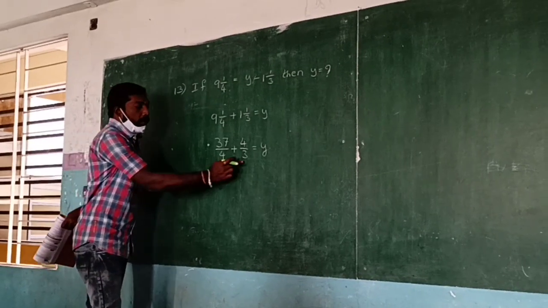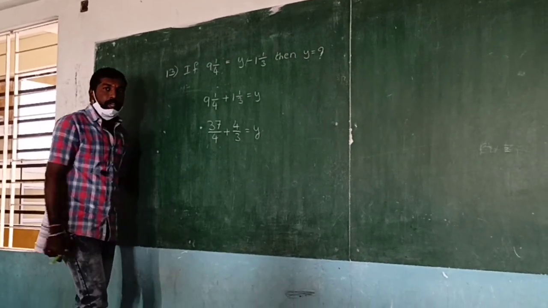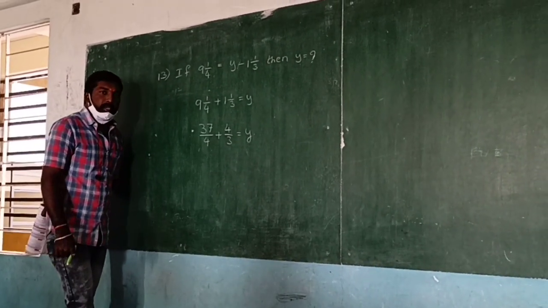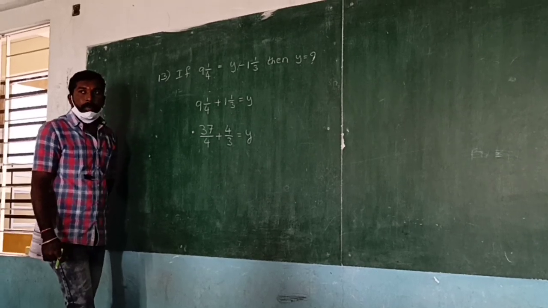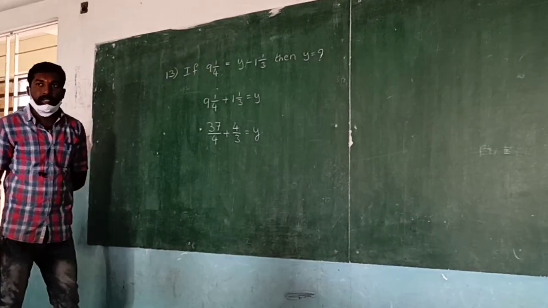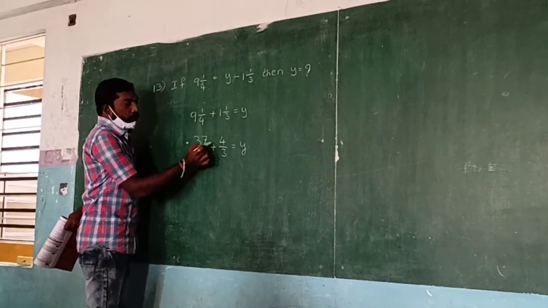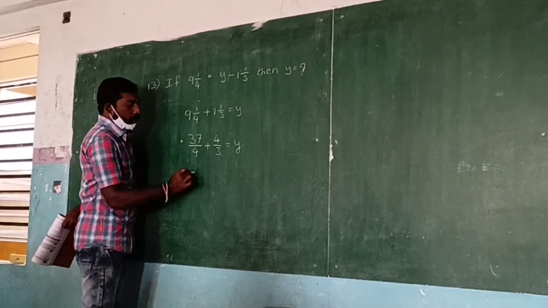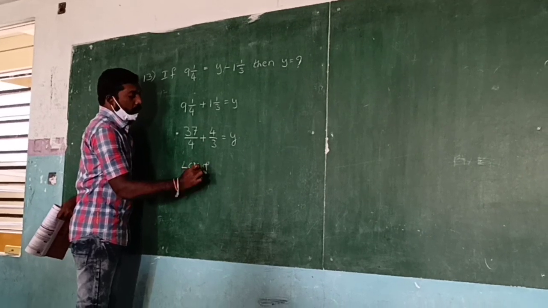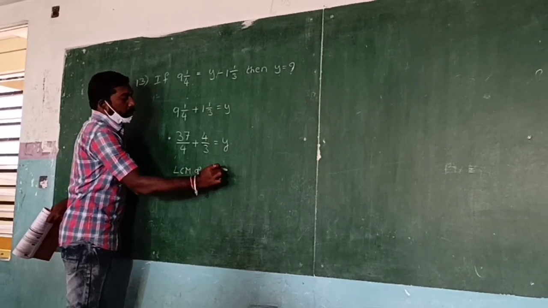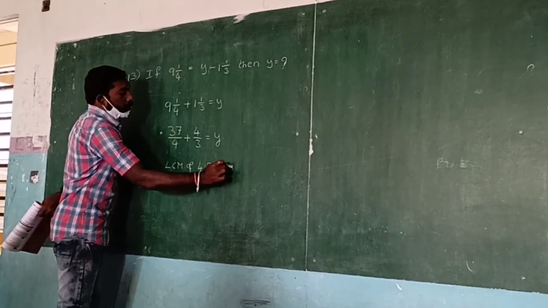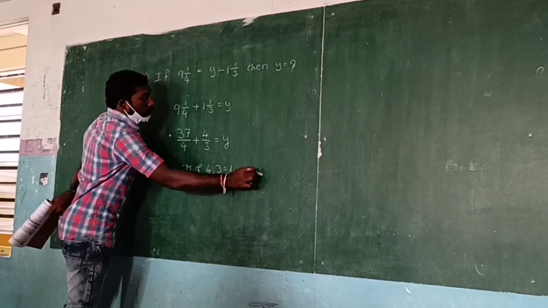Here these two are co-prime numbers. The LCM of co-prime numbers is always their product. So what you have to do? 37 into 3, 4 into 4. Okay, na? So LCM of 4 comma 3 is equal to 4 into 3, 12.